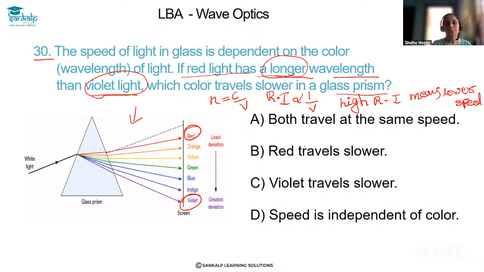So here the correct option is violet travels slower, because the refractive index is high here, and also the wavelength of violet is small as compared to red light. So violet travels slower. Hence option C is the correct answer.